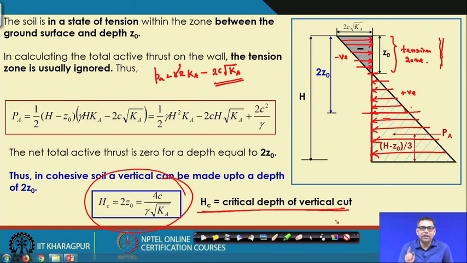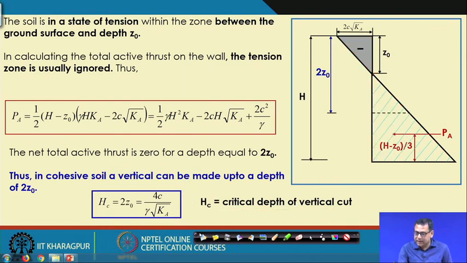So, if you consider the negative earth pressure part, then how can we determine that? If I consider this negative part also, then I can write this expression.